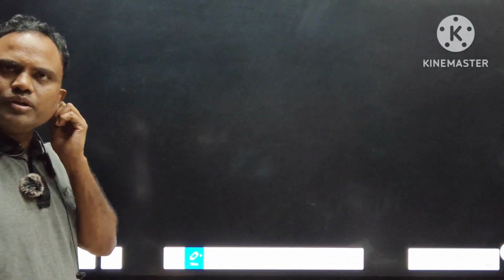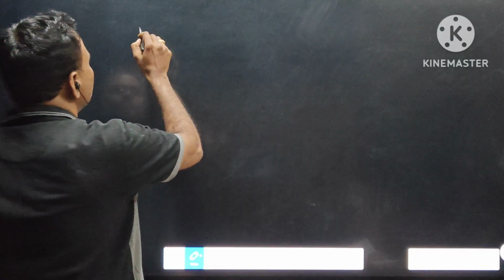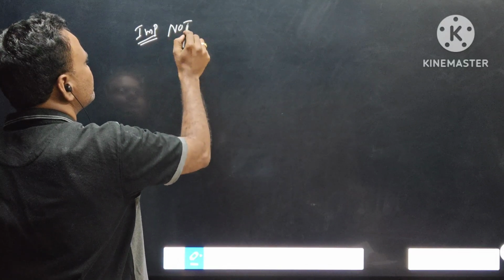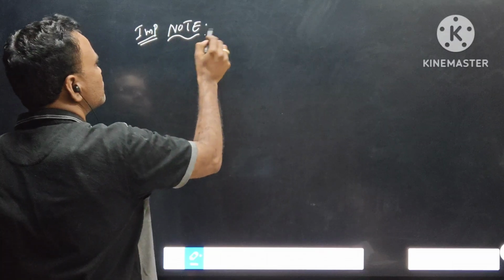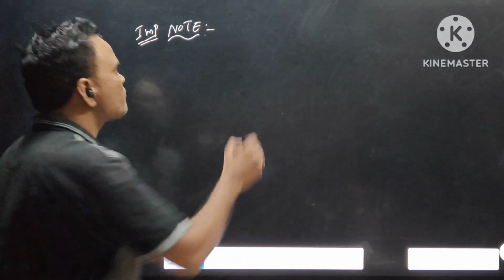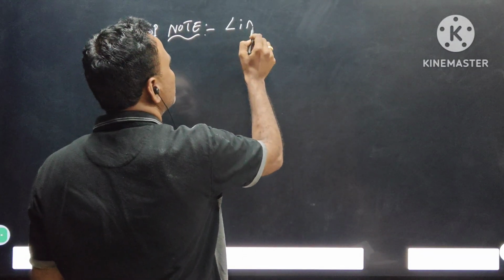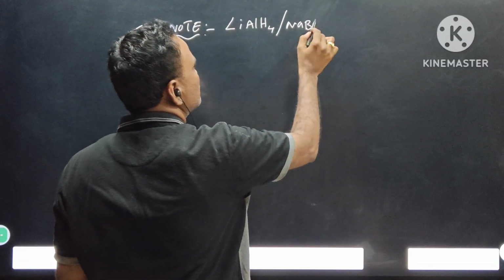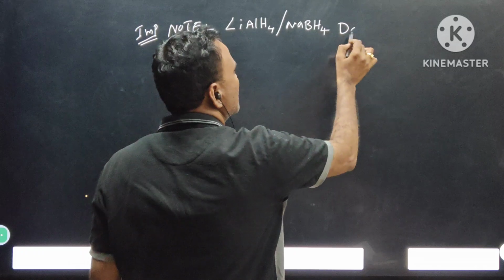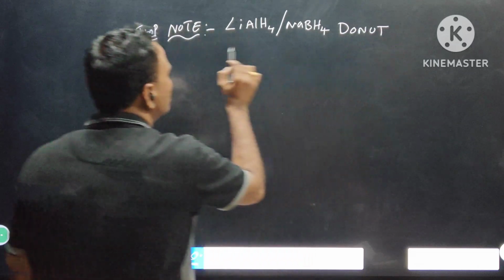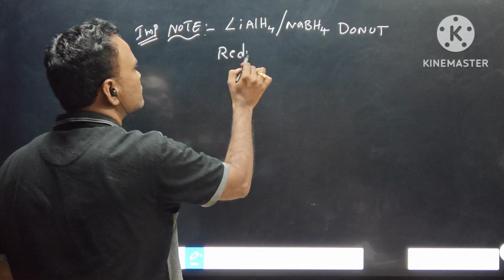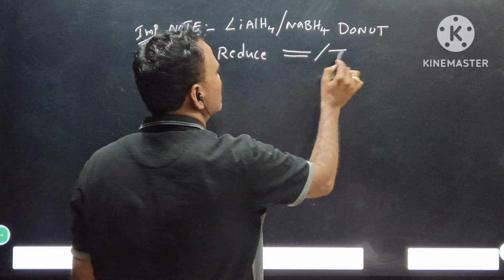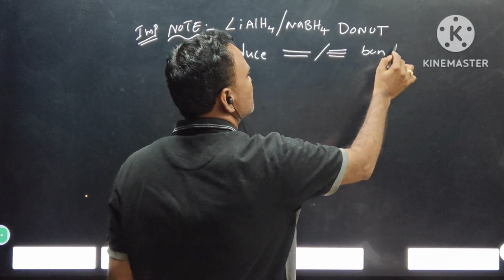Okay, let us write one very important note. Lithium aluminum hydride or sodium borohydride do not reduce double bond or triple bond.